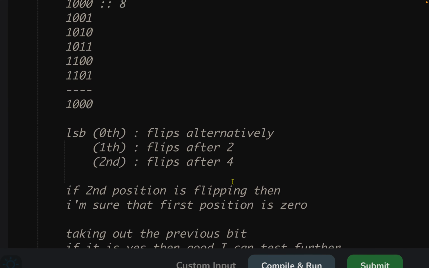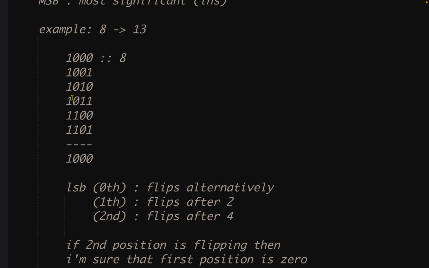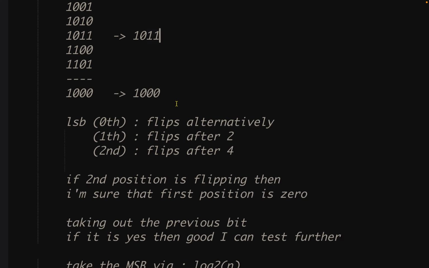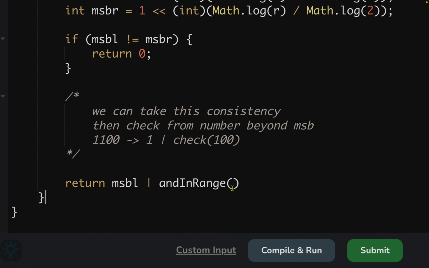Very good thing is, let's suppose taking this number 1011 and 1000. I don't want the 1, I want the rest of the numbers exclusively, so I would use the exclusive OR.